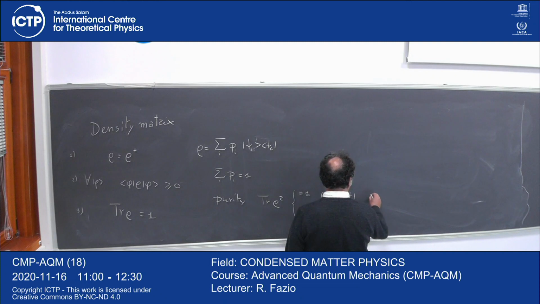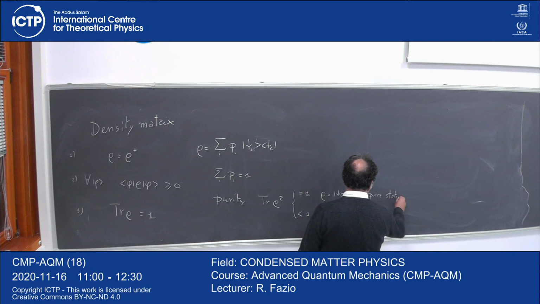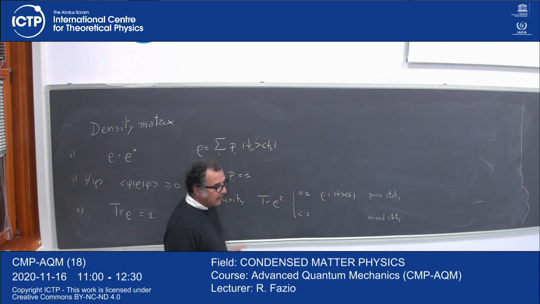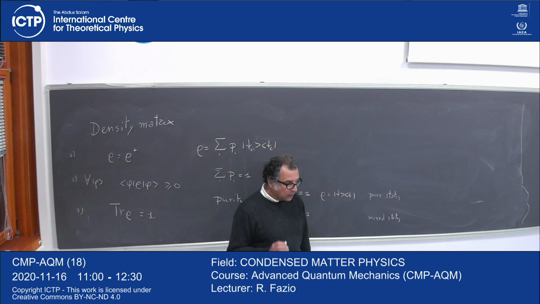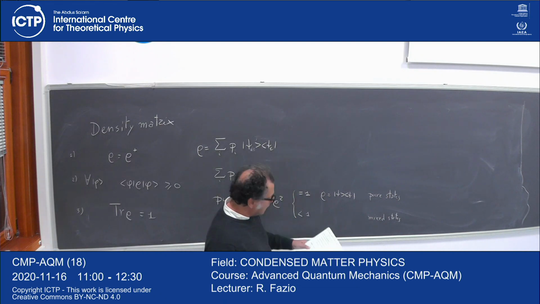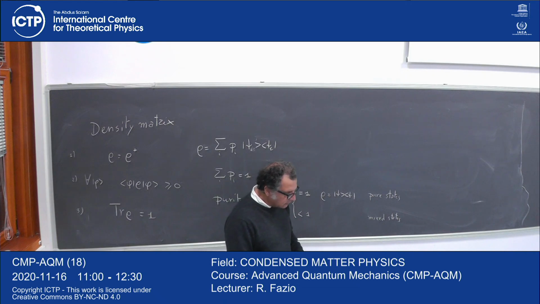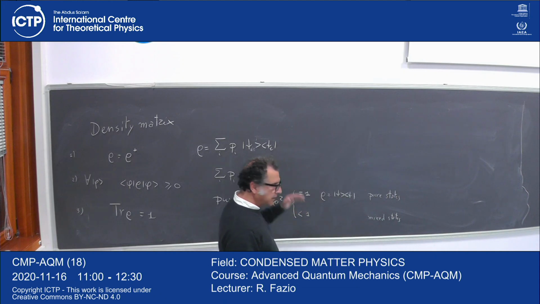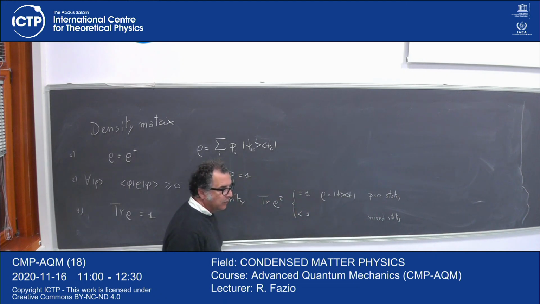In the first case we call it a pure state, and in the other case a mixed state. With a pure state you can use equally well wave functions or density matrices. However, with a mixed state, only density matrices can be used to describe a quantum system.